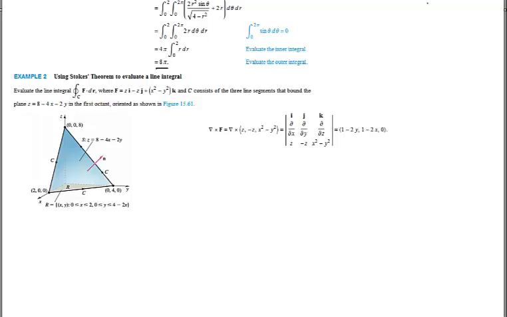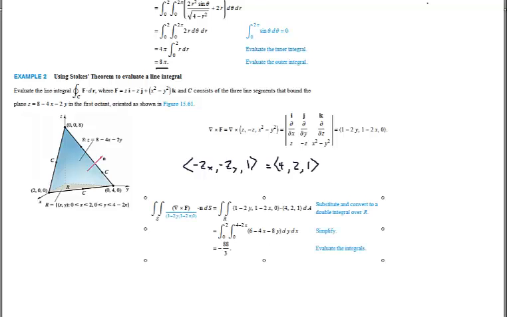This means that the appropriate vector normal to the plane, taking those partials just as we've done before, is going to be 4, 2, 1. And this would be an upward pointing normal oriented to that C.